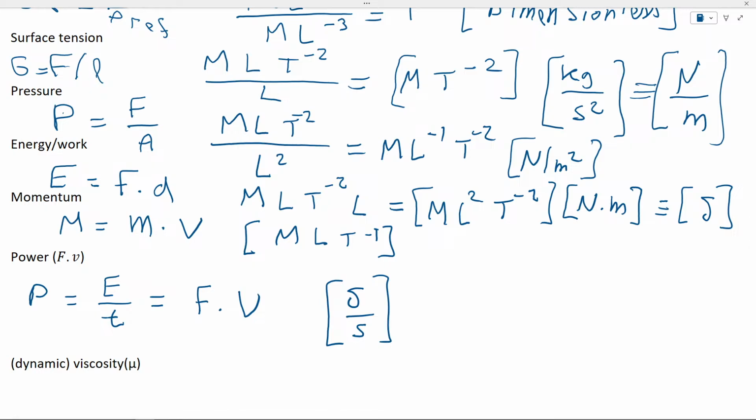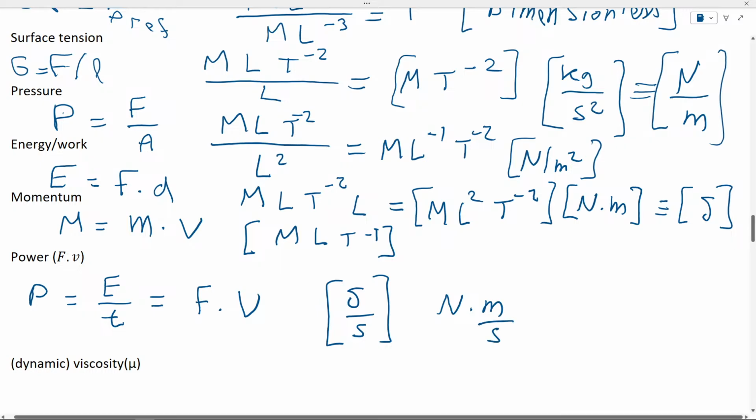Or you can give it a unit of Newton meter per second, because force is in Newton, and velocity is meter per second. But in SI units, the unit of power is actually not joule per second or Newton meter per second, it's watt.